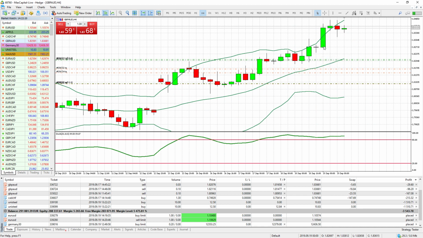You can place the buy stop for that kind of trade.